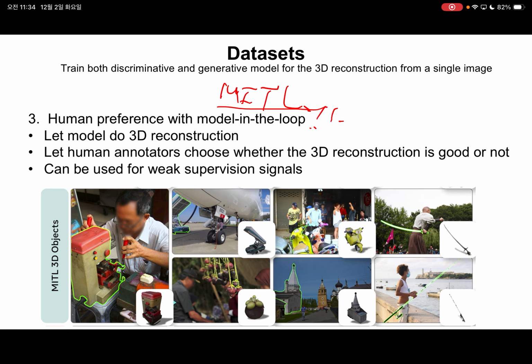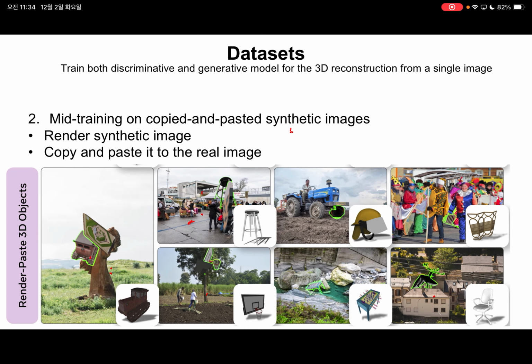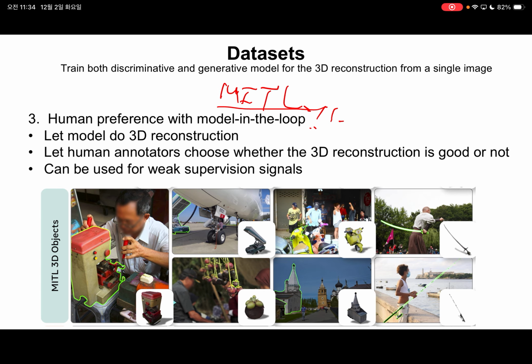So the strategy for this model in the loop is that we have a pre-trained model, right? We pre-train on synthetic data, and on a combination of synthetic and real images. The model might produce some not very accurate, but plausible 3D objects. Then we let the model do 3D reconstruction from real images without 3D ground truth, and we have some candidates of the 3D reconstruction.